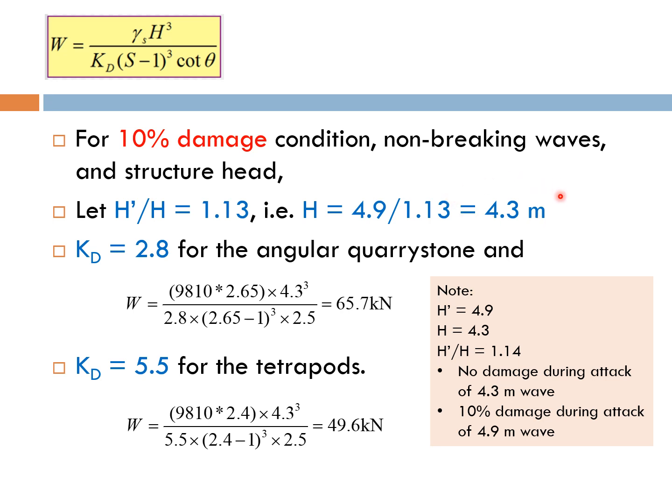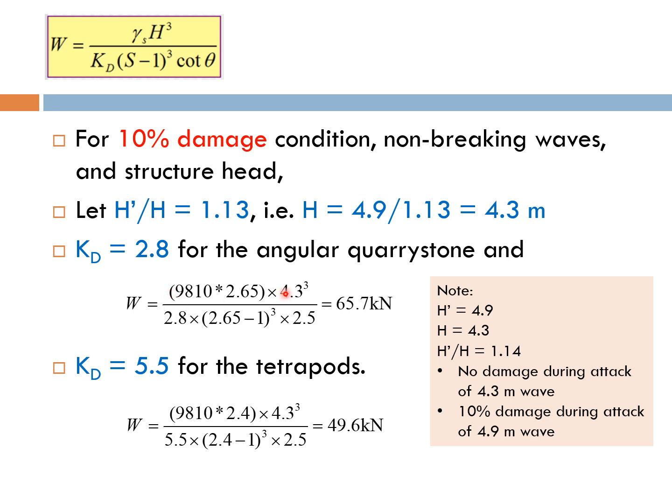Since we design only for 4.3 meter, if the rubble mound structure is exposed to the actual 4.9 meter wave condition, then we expect that it will suffer 10% damage.